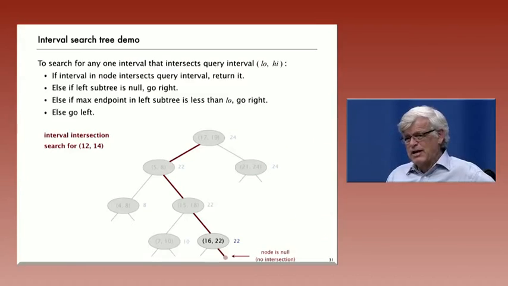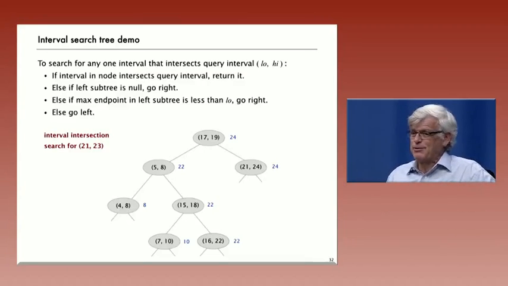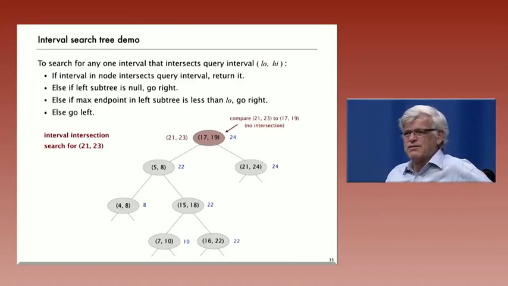So in both cases, we just went along one path in the tree to determine whether or not there was an interval intersection. Let's look at one more example, 21, 23. Let's see, 21 through 23 to 17, 19. They do not intersect. So now what are we going to do next?